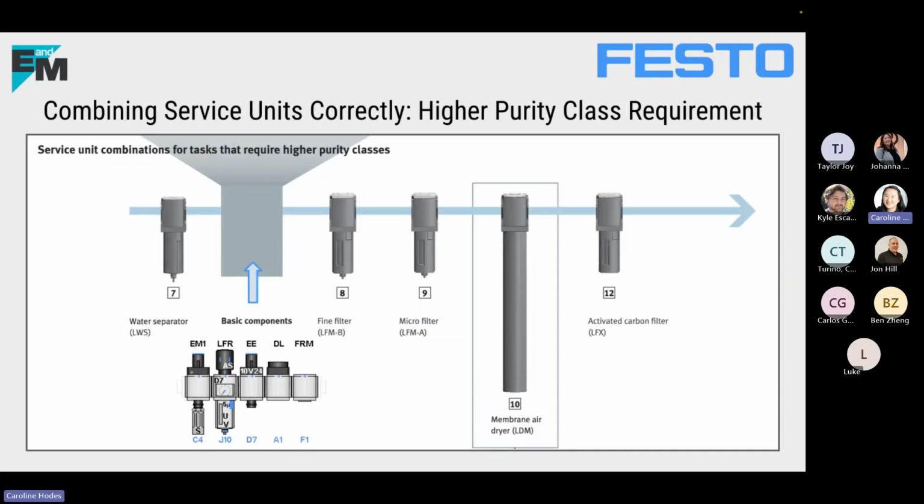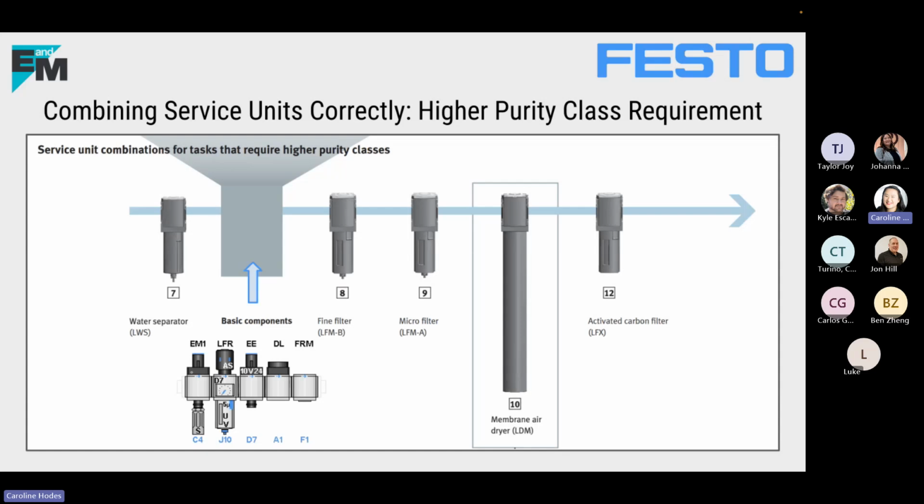Then if I were to take any of these basic components, I could add them to a larger system, and this larger system could be used for a higher purity class, if there is a higher purity class requirement needed for that application.